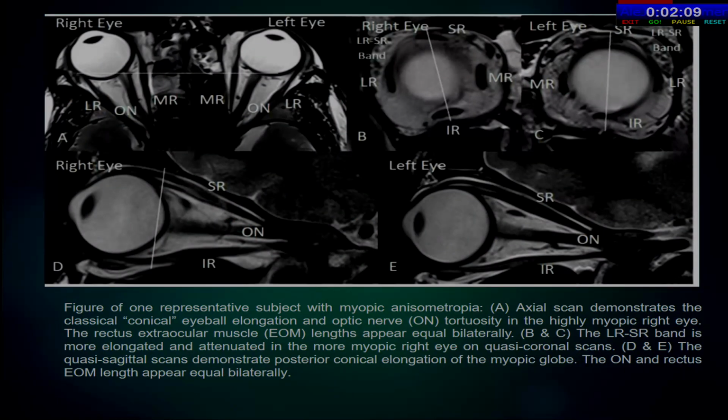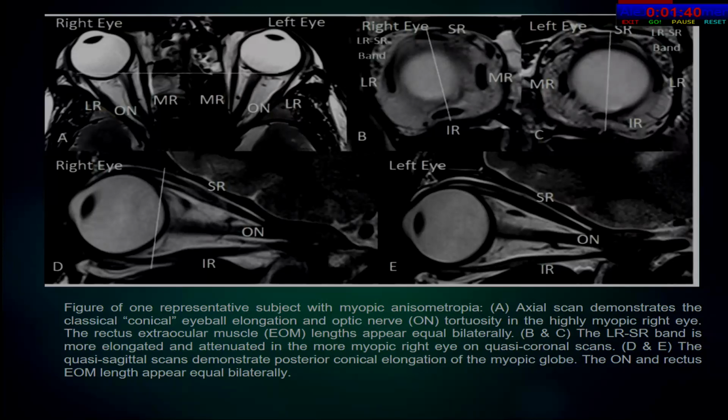So these pictures show the right eye, which is more myopic than the left eye, showing eyeball elongation in a conical form in the right eye on axial scan. The sagittal scan also shows the conical formation of the globe. And in the quasi-coronal scan, you can see the more LR-SR band attenuation.